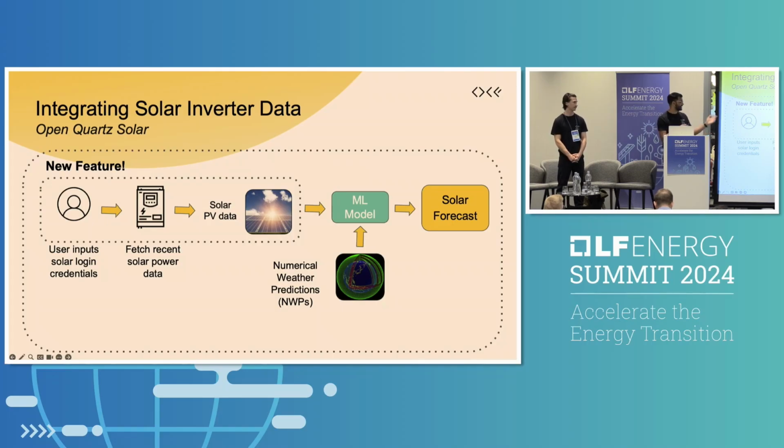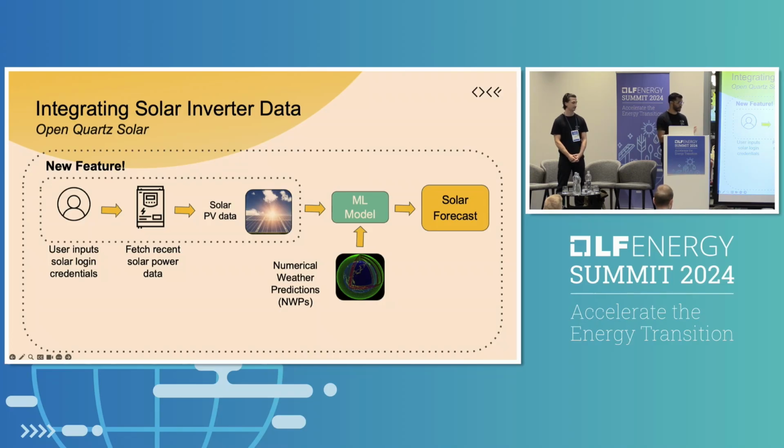Once you've done that, it will go to the inverter and the API connected with the inverter, pick up your recent solar panel data, and then use that as an input to the model itself. This greatly improves the accuracy of the model since, as we said, it's a great signal that metadata alone can't always be relied upon. You might even have things like shading, a tree might have grown over the last year that's now on your solar panel. You wouldn't really know about that unless the model knew how that's affected your live output.